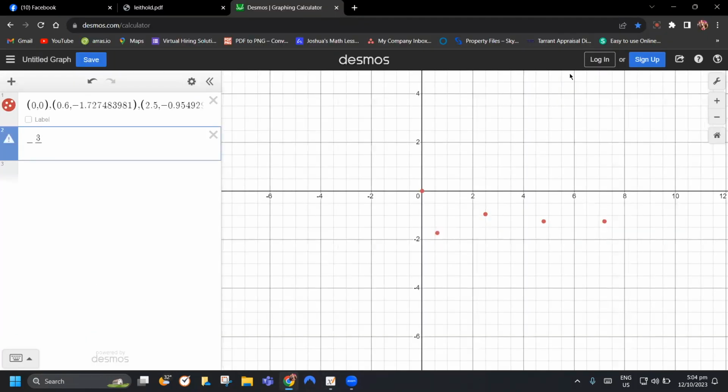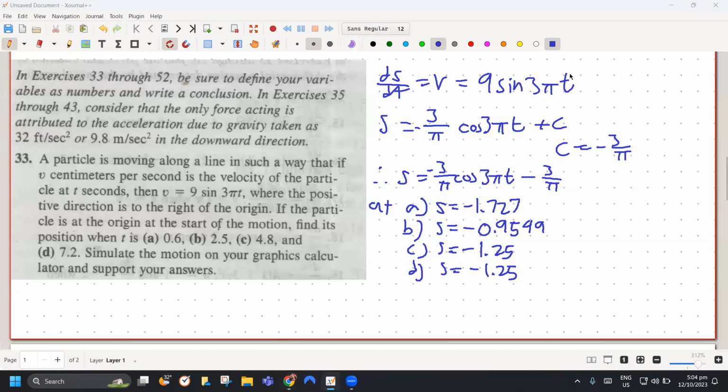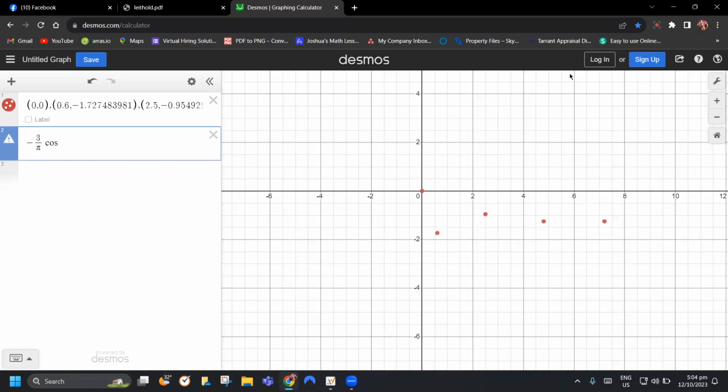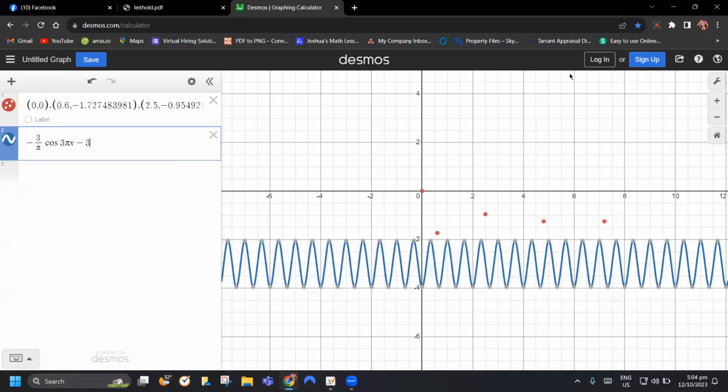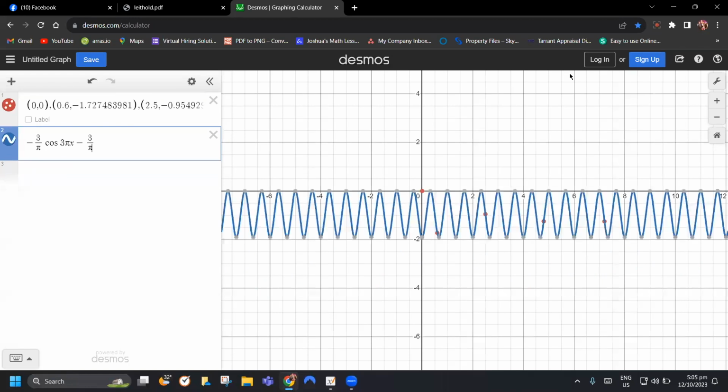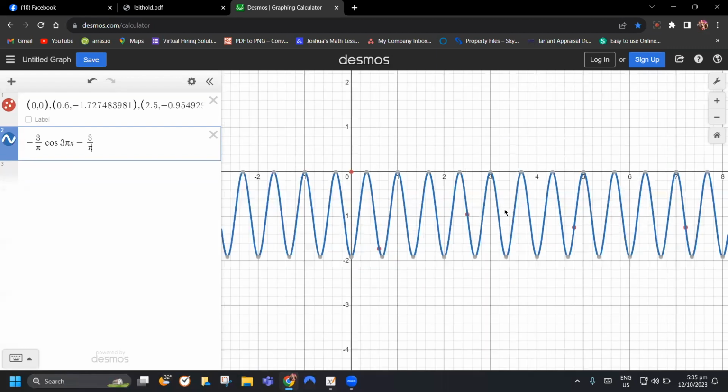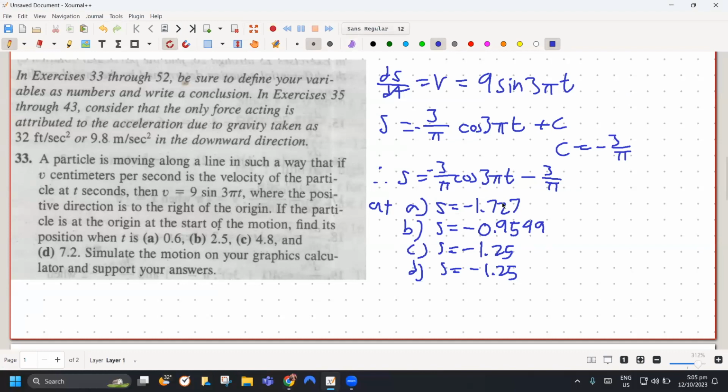Nandiyan na yung function eh. So, graph mo na lang. Wow. What an amazing idea. So, I think it's damped harmonic motion. Hindi. It's just harmonic motion. Nagre-repeat siya eh.